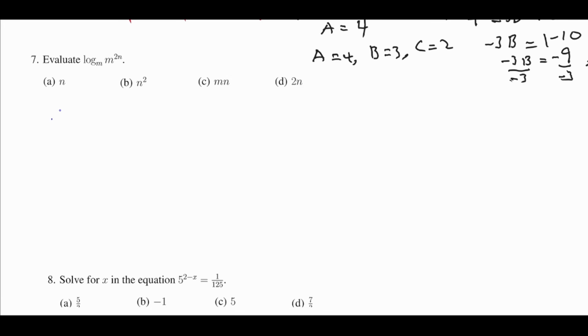So we can drop that and we'll have 2n times log to the base m of m. Now, from the rules of logarithm, if you have a log to the base of the same number, that will give us 1. So we'll have 2n times 1, and that will give us 2n. And so question 7 is D.